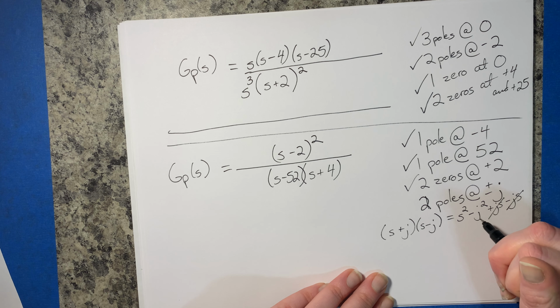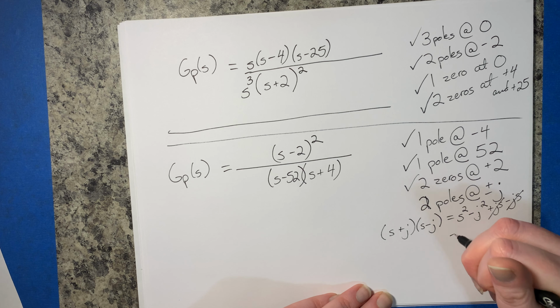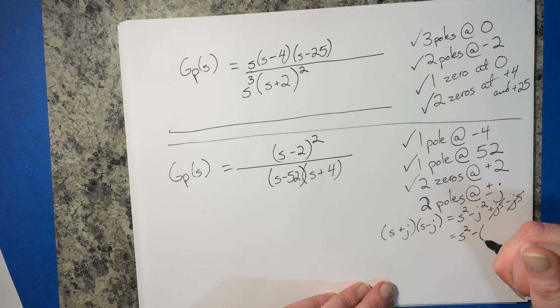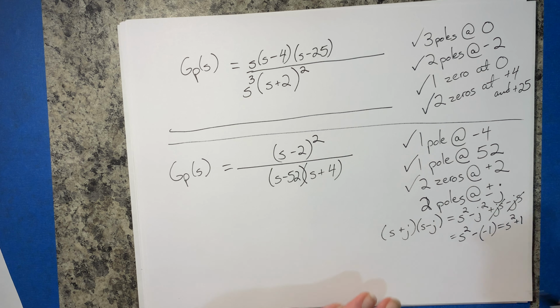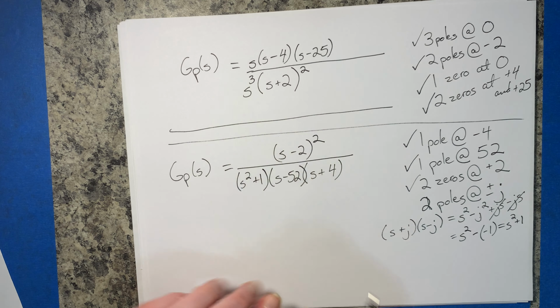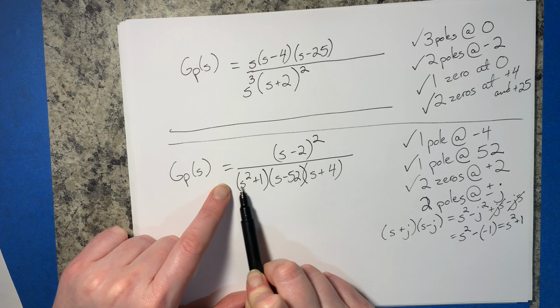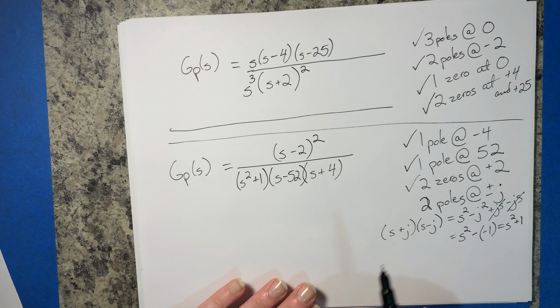And then the j squared, since j is the square root of -1, is just the -1. So that would be minus -1, s squared plus 1. So we can write that in just like that. So this is actually 2 poles, even though this is not squared. We can think of that being squared. Okay, all right.